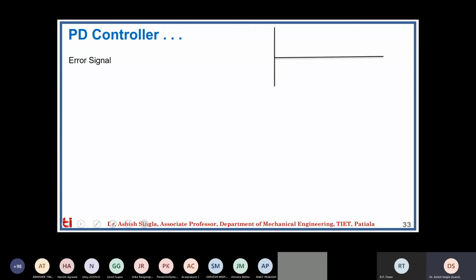Okay, now let's try to see what a PD controller looks like as compared to the normal controller. So this is the error signal. If we use only derivative control, you can see over here there is a change in the error. Up to this point, the error remains constant, and from this point onwards, the error keeps on increasing.